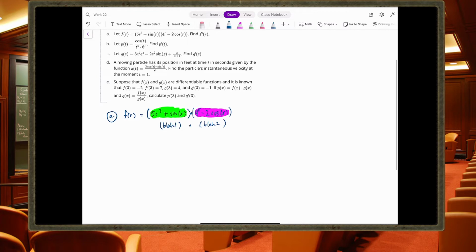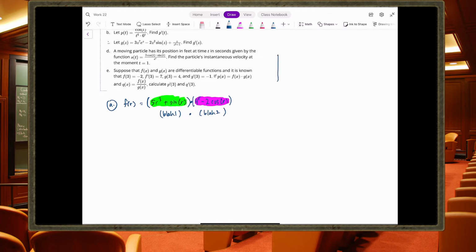We know from the product rule, I'll just sketch the little area picture, that if I had some blah 1, some f, times some blah 2, some g function, when we mess with these, we add some little df and some little dg. What do we get? We get these little wedges.